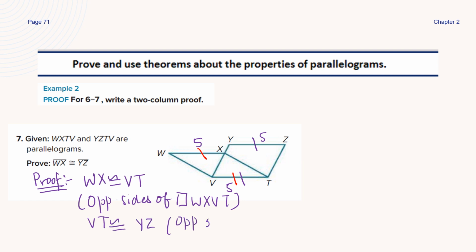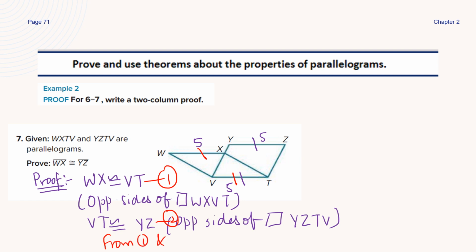Why? Because these are opposite sides of parallelogram YZTV. So if these two are true, 1 and 2, then from 1 and 2, we can also say WX is congruent to YZ. So this is what we need to prove. So that's the proof of the question.